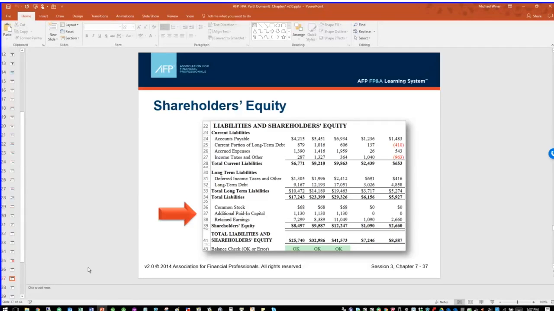So you're really only concerned about those two together usually. That first line, 36, will only change when additional shares are sold by the company. And then retained earnings. Retained earnings is extremely important. That's the portion of the shareholder equity section that results from income or loss in operations, less anything that's already been paid out in dividends. Okay, so those are the major pieces.